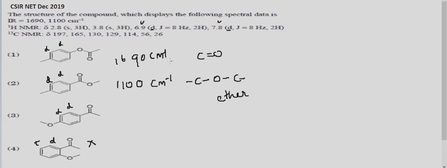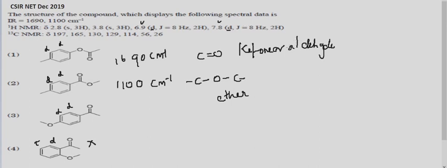So 1690 corresponds to a carbonyl group, and you could see all of them contain a carbonyl. This is actually for a ketone or an aldehyde, but it cannot be an aldehyde because we don't see a proton value greater than or close to 10.